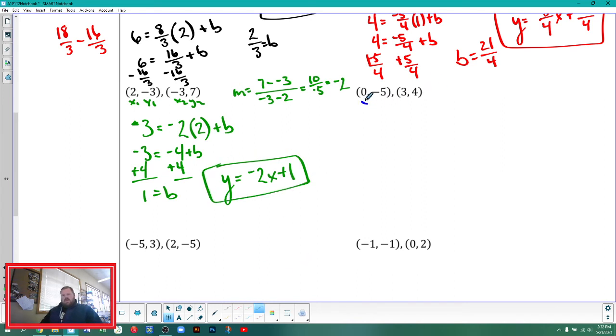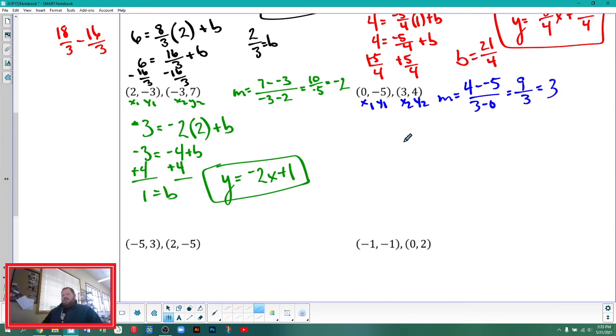For the next one, same process. The slope is equal to 4 minus negative 5 over 3 minus 0. Not too bad considering 4 plus negative 5 is 9 and 3 minus 0 is 3.